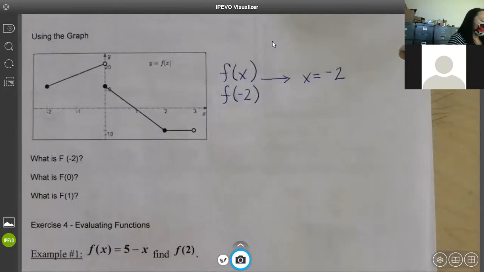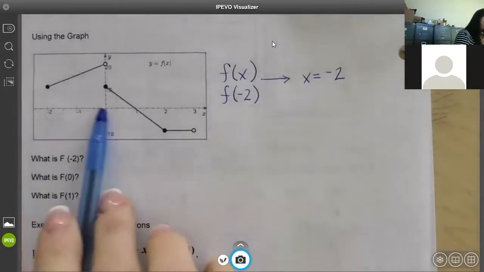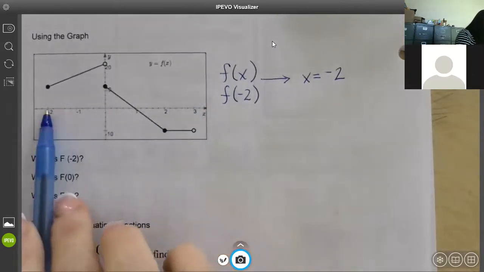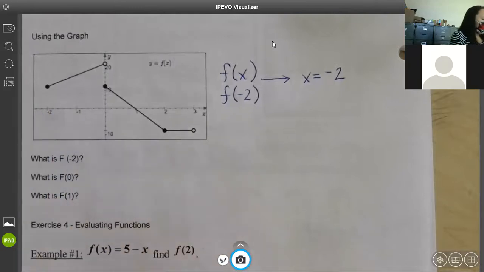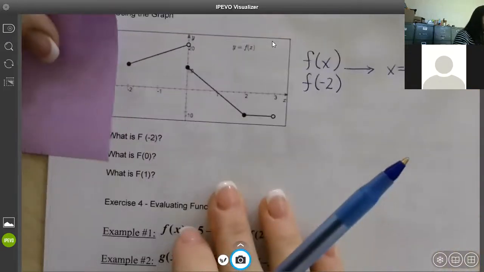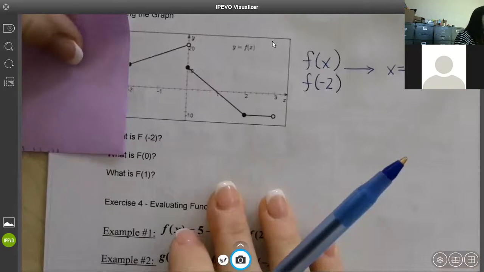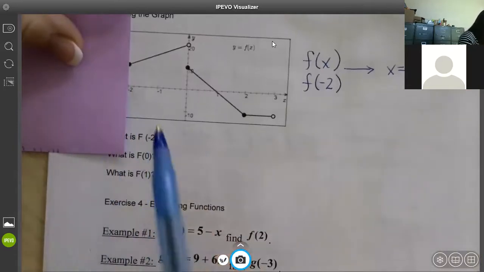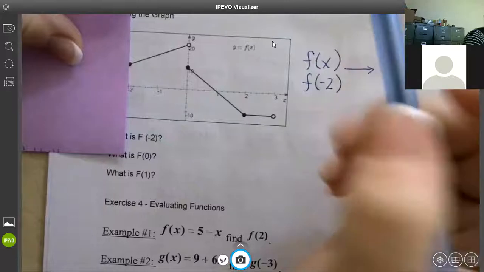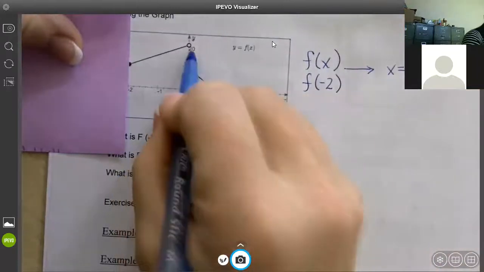So when we're looking at our graph, remember this is our x-axis. Negative 2 is right here. So all I'm doing, I'm going to slide it over so I can use my Post-it note, is looking at what is the point on the graph that touches negative 2. So this coordinate, if you can see, this is 10 and 20.